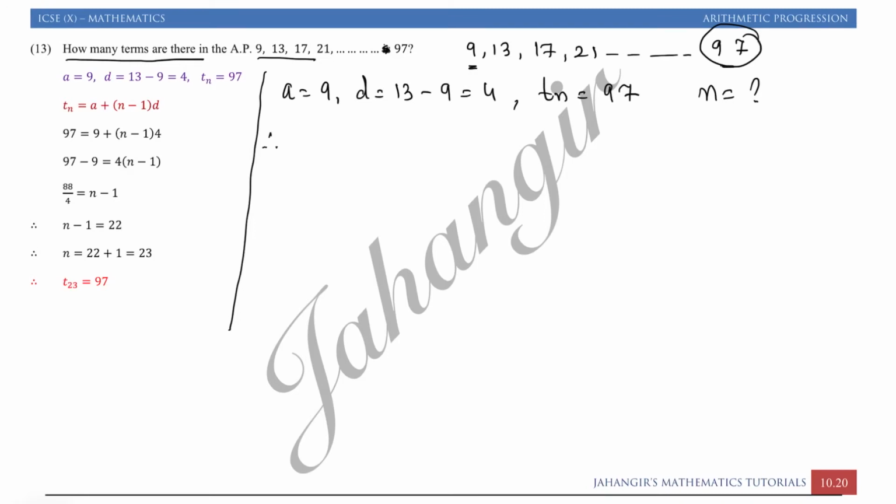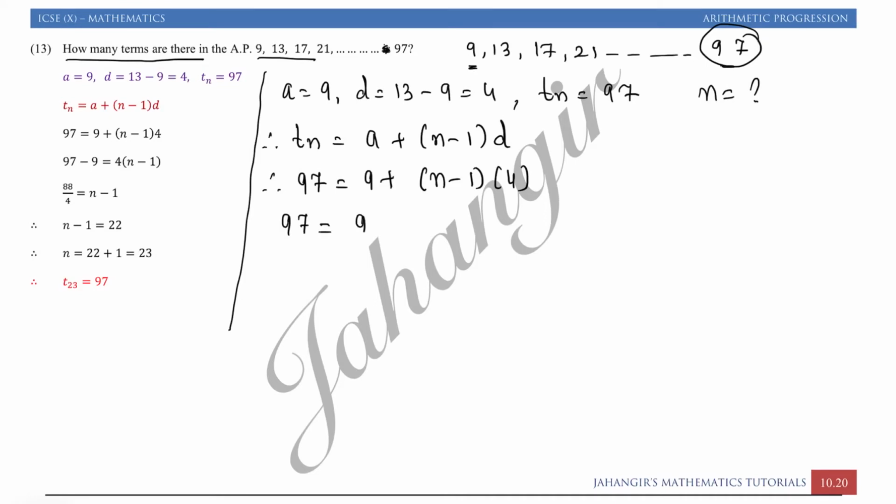So therefore I can write, first I will write Tn का formula, that is A plus n minus 1 into D. So therefore Tn is 97, which is equal to A 9 plus n minus 1 को I can write n minus 1 and D को I can write as 4. Now if you want, you can open directly, just like 97 is equal to 9 plus 4n minus 4. Just multiply 4 with both numbers. So I can write 97 is equal to 4n plus 9 minus 4 is 5.